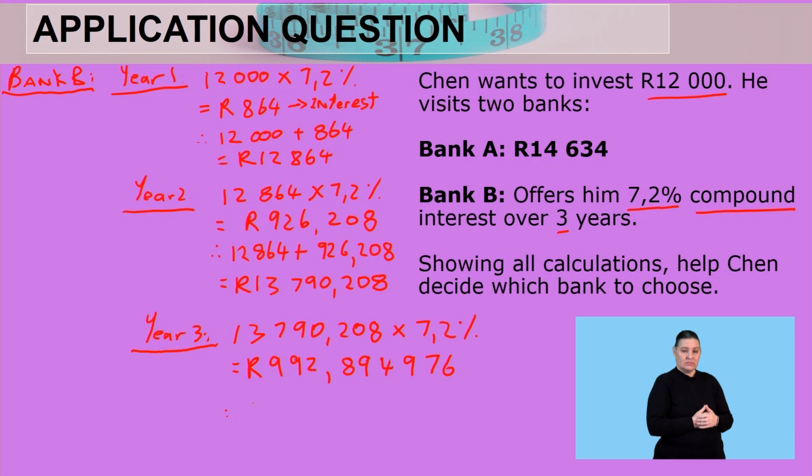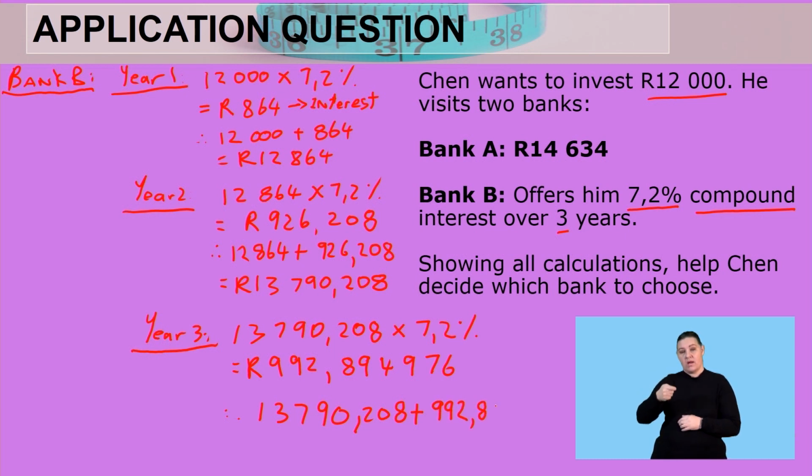We get 13,790.208 plus 992.894976. And we have 14,783.10.